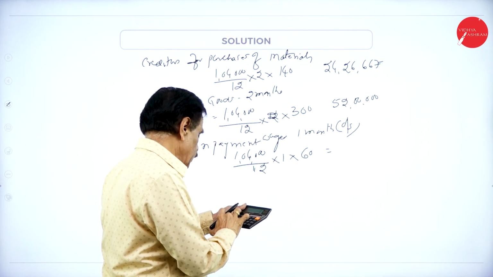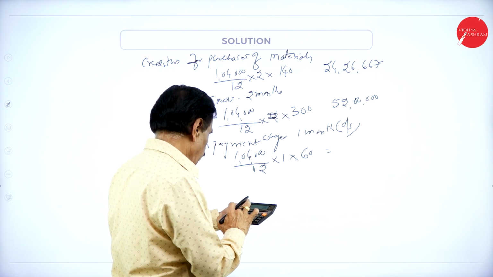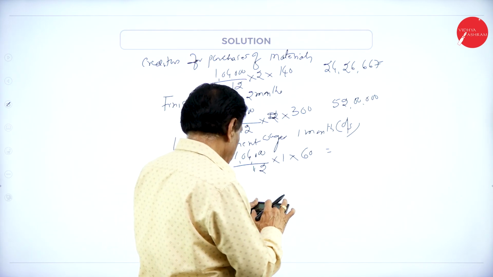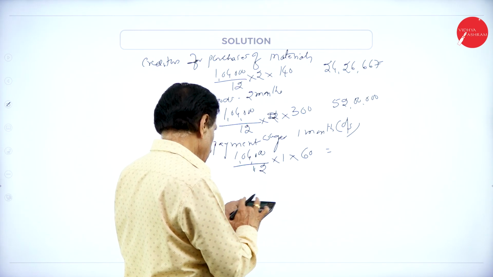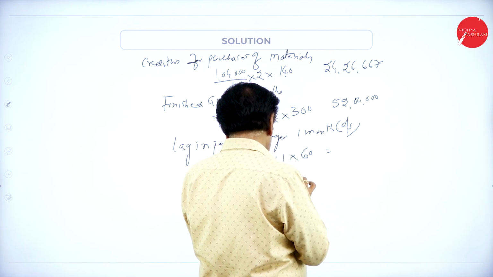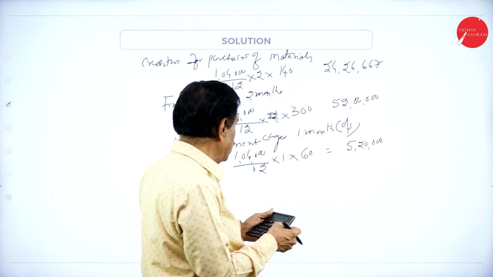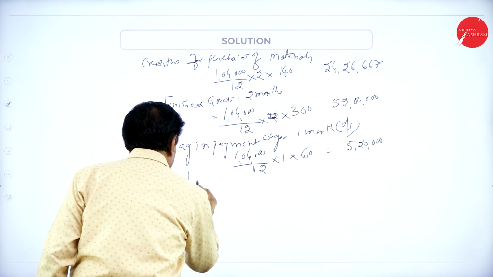It is 104 followed by 30 divided by 12 into 60. 5 lakh 19,999, 5 lakh 20,000.